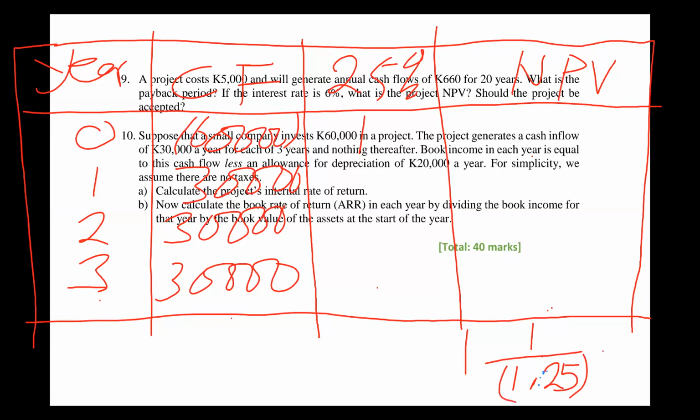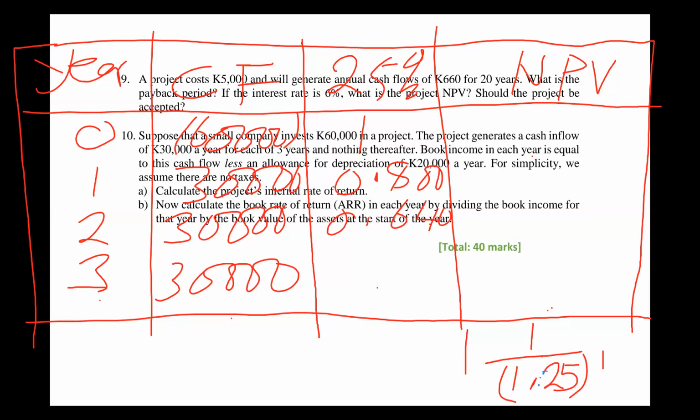1.25 to the power 1. What does it give us? 1 divided by 1.25 gives us 0.800. 1 divided by 1.25 squared gives us 0.640.